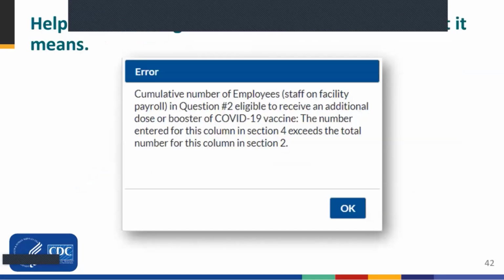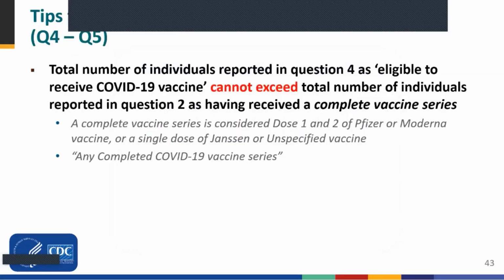A user will receive this error when the number of individuals reported in question 4 as being eligible to receive an additional dose or booster is greater than the total number of individuals reported as receiving a complete vaccine series for question 2. The total number of individuals reported in question 4 as eligible to receive COVID-19 vaccine cannot exceed the total number of individuals reporting in question 2 as having received a complete vaccine series.